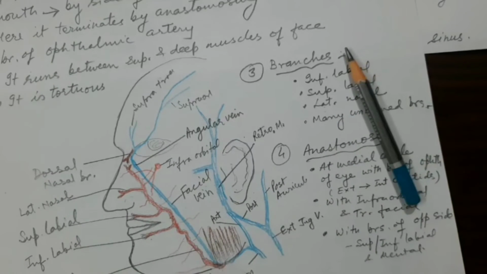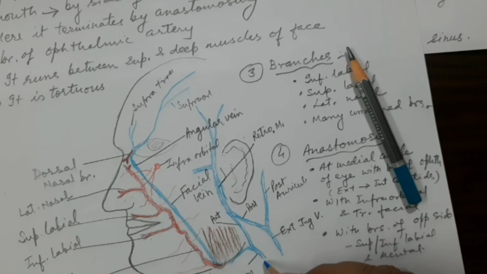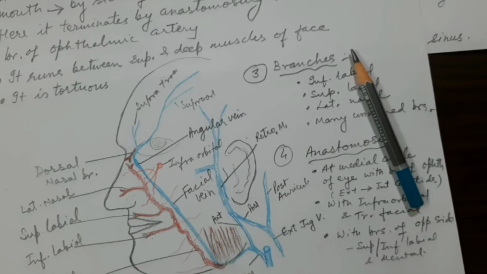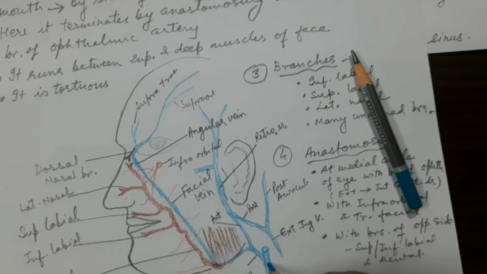This takes place just behind the angle of the mandible within the neck, and then this will immediately drain into a large vein here, which is called the internal jugular vein. This large vein in which the common facial vein will open is called the internal jugular vein.